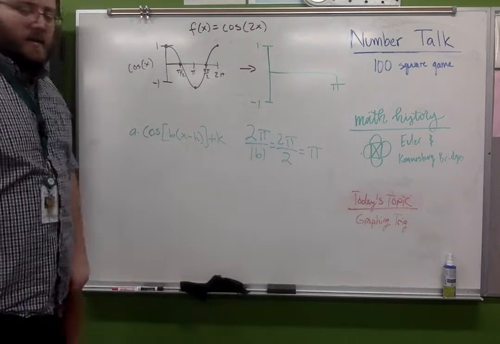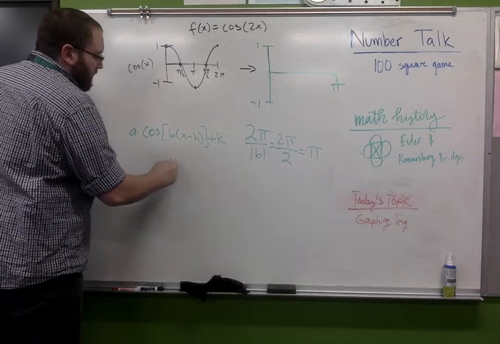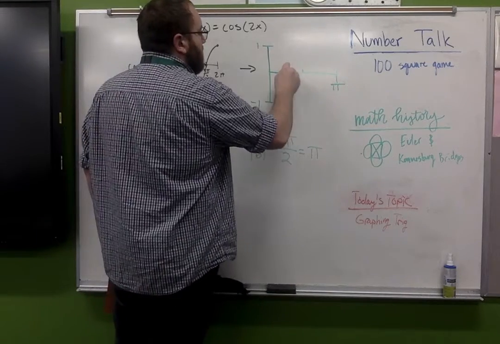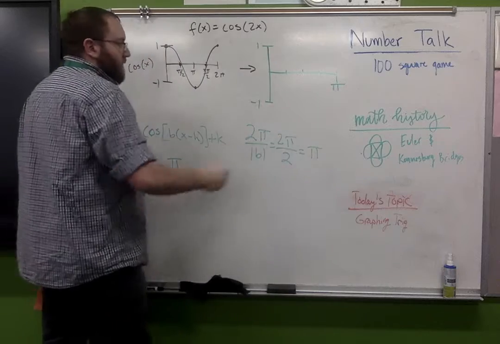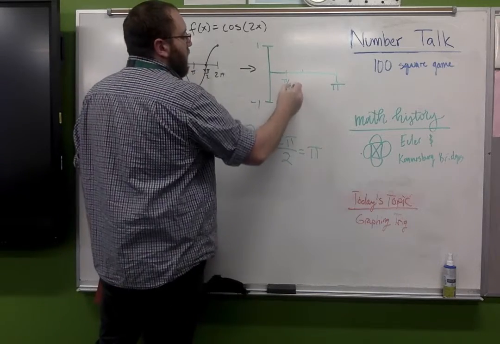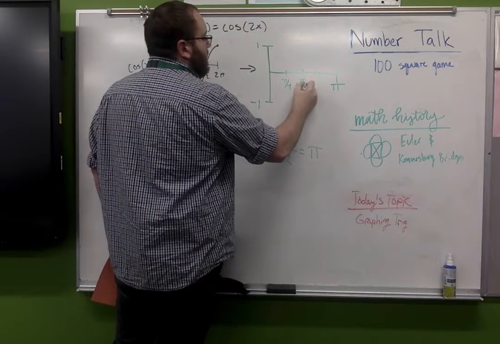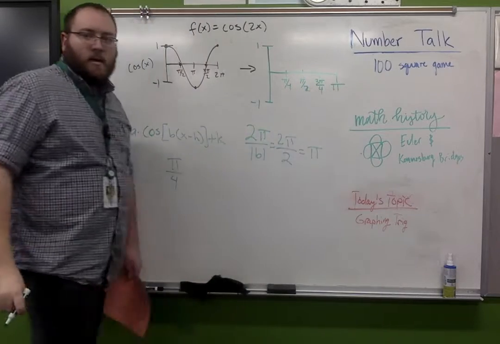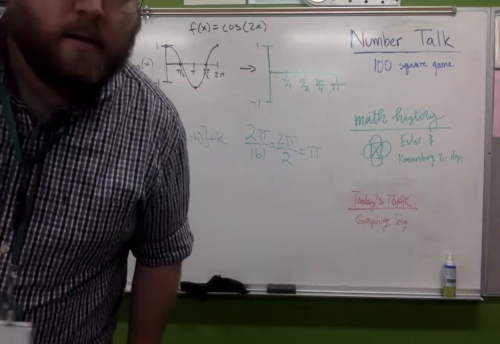Once again, to find the points you need to graph, you take your period, so pi, divide it by 4, right, cut it into fourths, and those are the points you need to graph. So we have pi over 4, 2 pi over 4, which is pi over 2, and 3 pi over 4. Okay, that's what you need to graph.